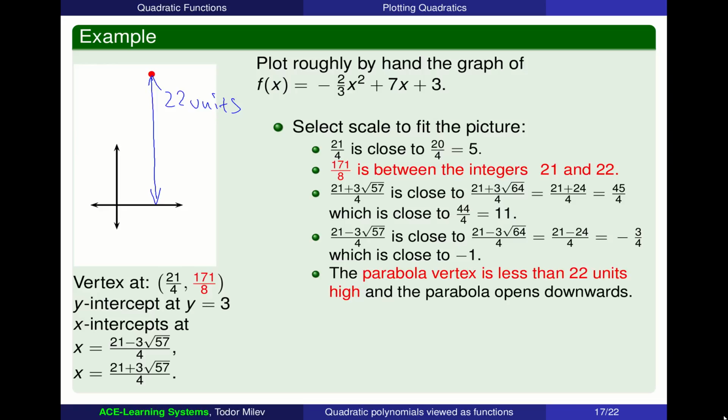But when you plot that by hand, you're going to say, well, this distance about 22 units, that's the y-coordinate of my vertex, and this distance here is about 5 units. So this distance here has got to be about 1/4 of that distance.